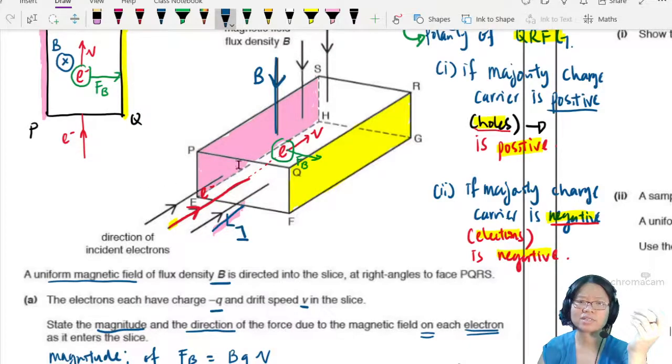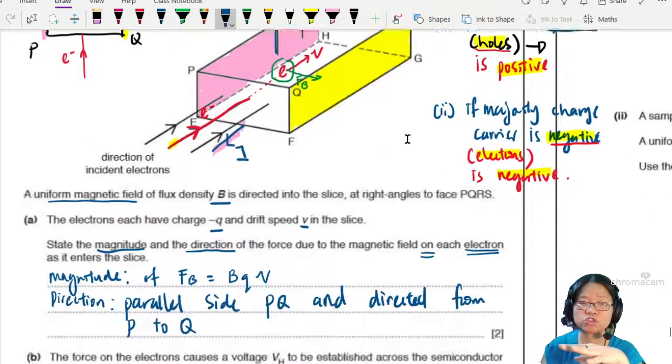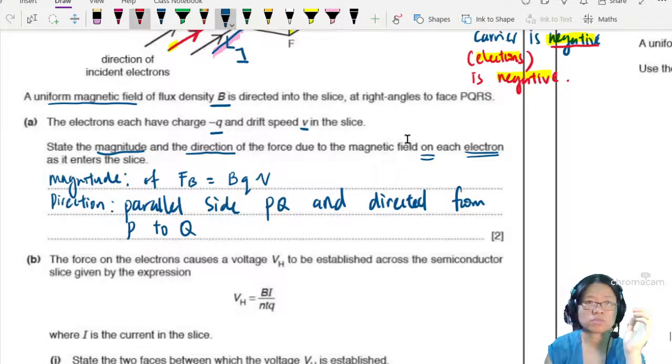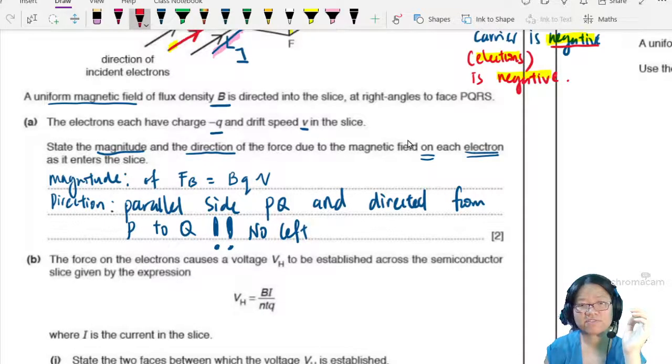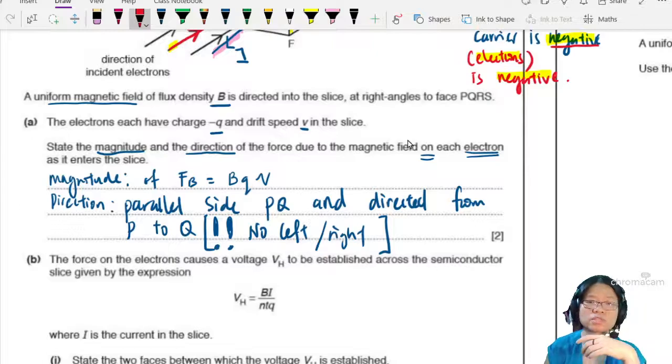So follow the sides to help you decide what to write. You can write PQ, you can write SR, you can write EF, you can write HG. So just want to put an exclamation point here. No left/right convention. Okay, don't write those things.